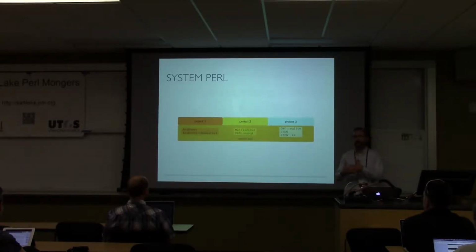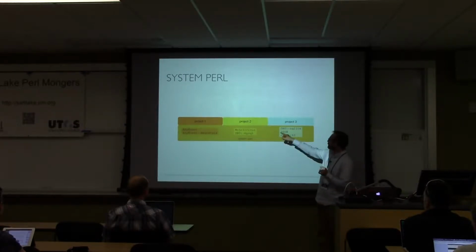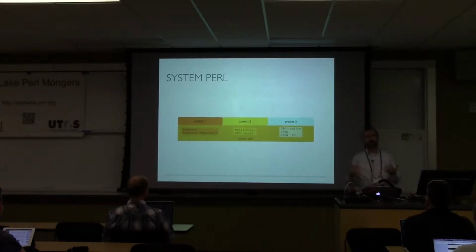Now they're all mixed in there, and that's not bad if there aren't any crossover. But if any one of these projects shared a dependency with any of the other projects, now you've made some complexity there. And if you need to upgrade one, now you have to make sure that all of your applications coordinate that upgrade. It gets complex.